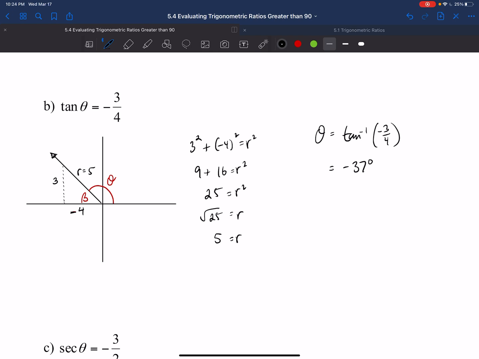But again, negative 37 is actually in the fourth quadrant because it's 360 minus 37. But what that's really telling us is the related acute angle.